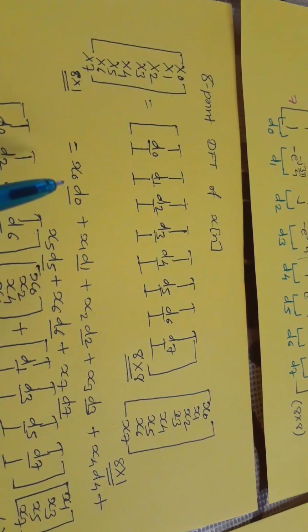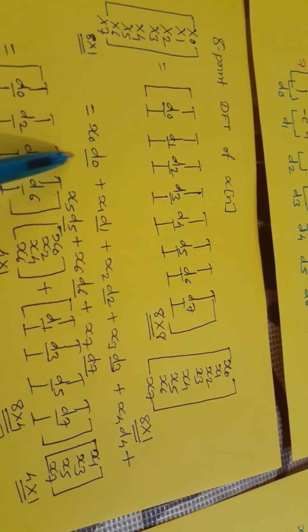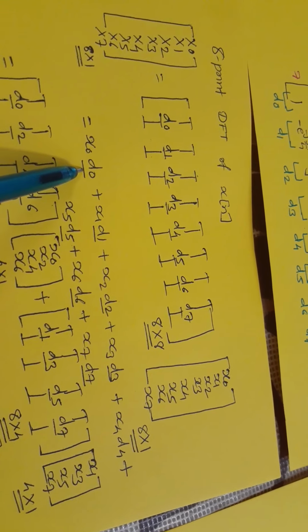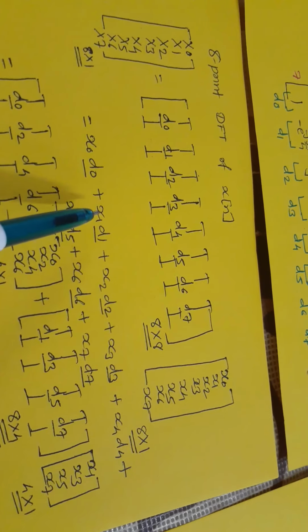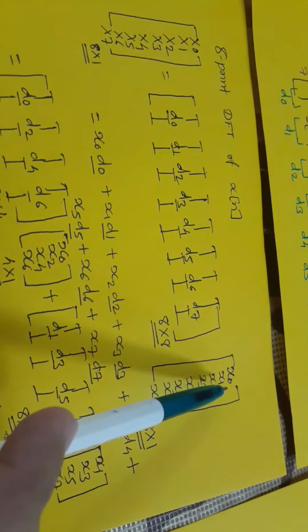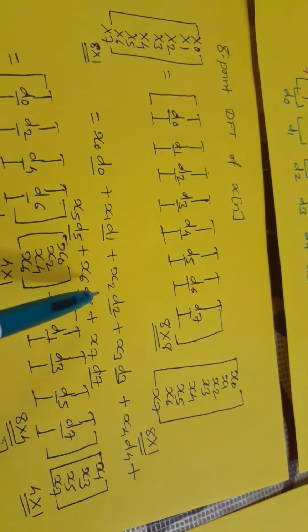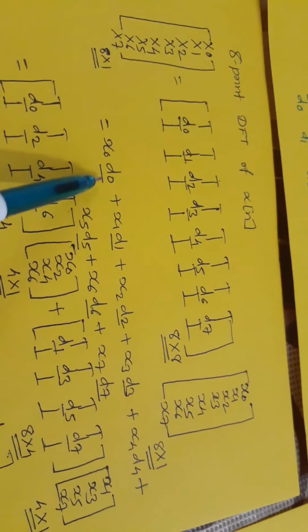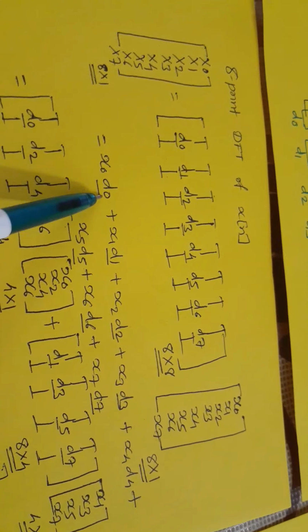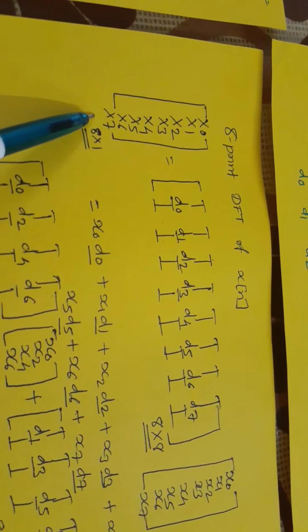We can write this equation as x0 times d0, where x0 is a scalar and d0 is a column, then x1, the second sample value, multiplied by d1, and similarly as a summation of weighted columns.